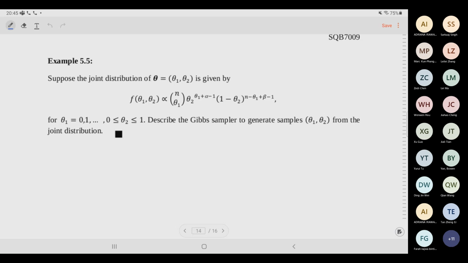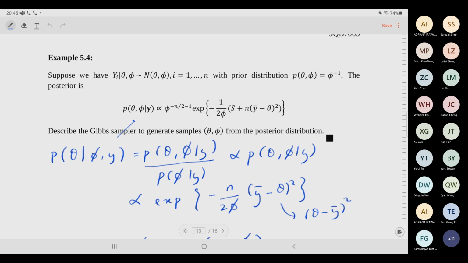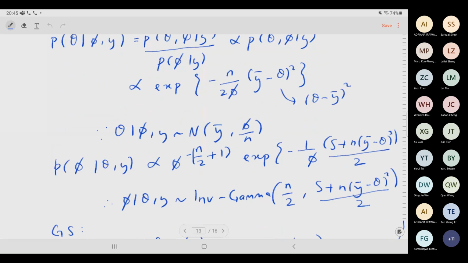The Gibbs sampler applies because we can identify the conditionals: this is normal, this is inverse gamma. So we use the conditional distribution, which is known, and directly use the distribution itself.